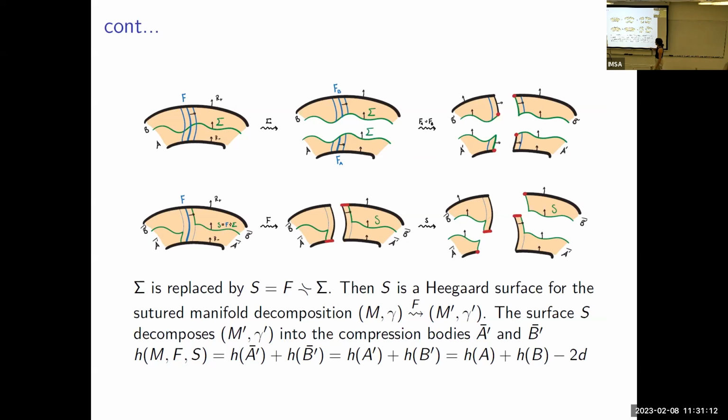So we decompose the manifold gamma along F, and we get this decomposed sutured manifold gamma prime. The claim is that this surface S is a Heegaard surface for the decomposed sutured manifold. Why is that true?